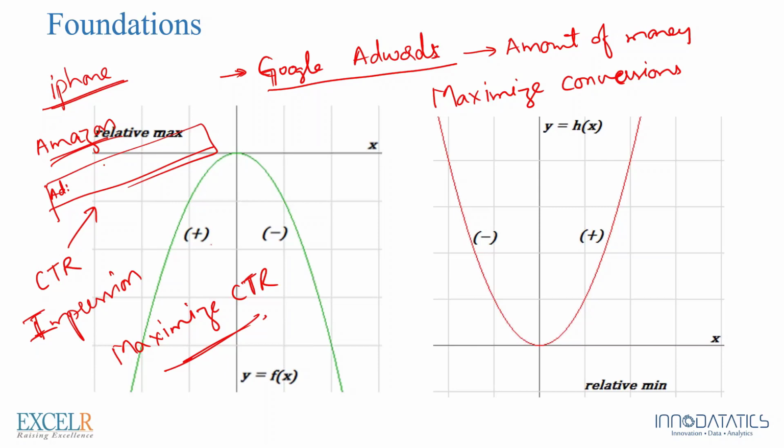After you click, you have to go to the website and you have to purchase that product. That's called conversion. Conversion means from the time a person clicks on the ad till the time that person purchases. So you might want to maximize the number of conversions.